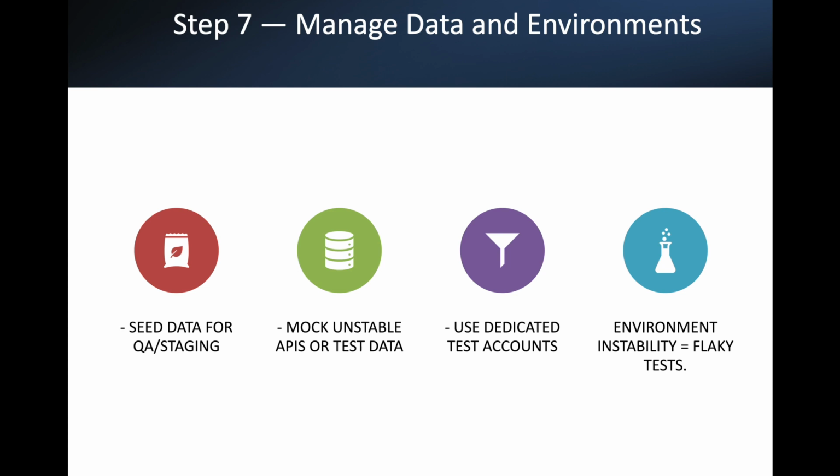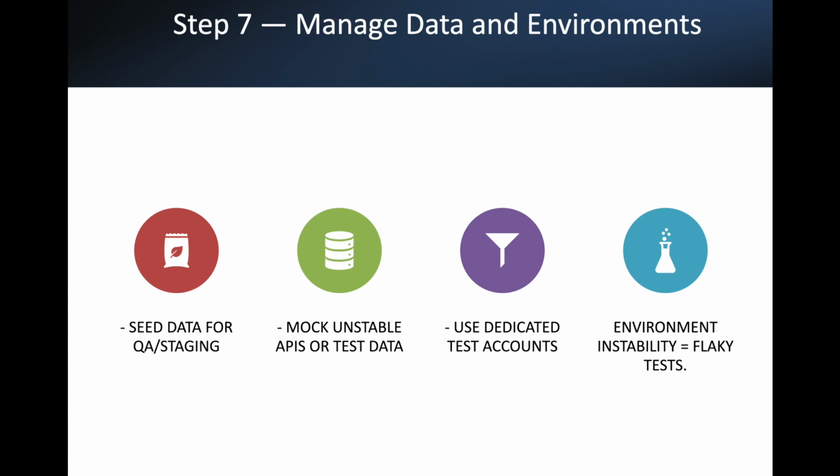And we use dedicated test accounts for this automation. You've got to think about those accounts, and remember that environment stability prevents you from flaky tests. So environment instability equals flaky tests.